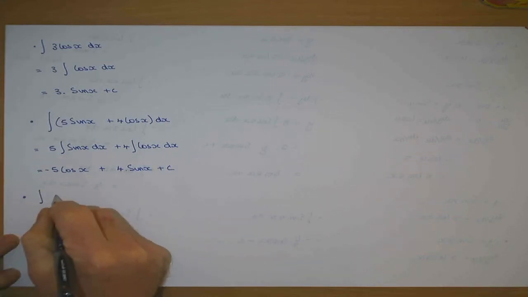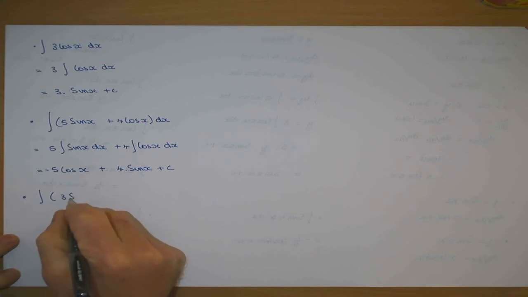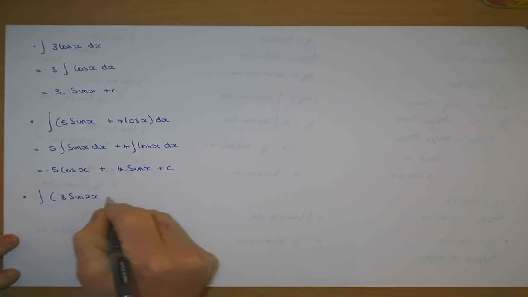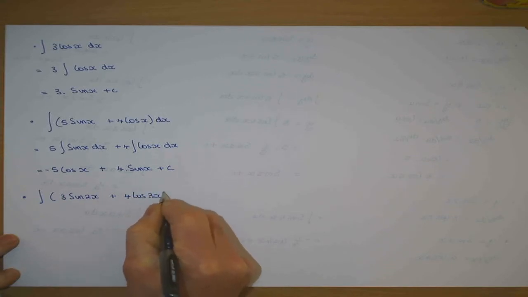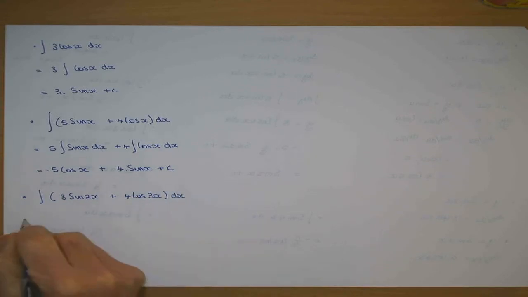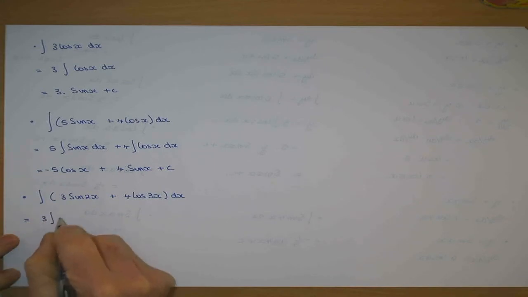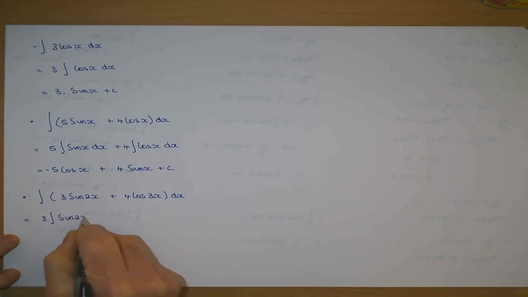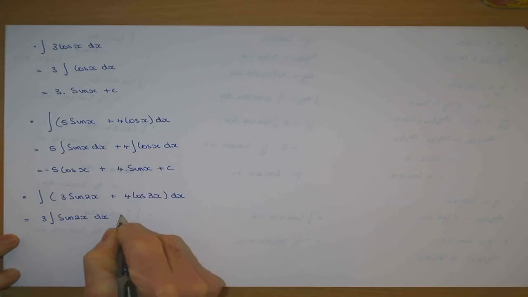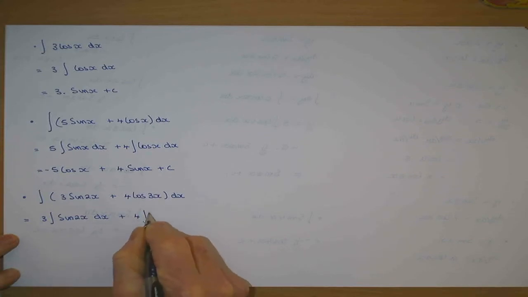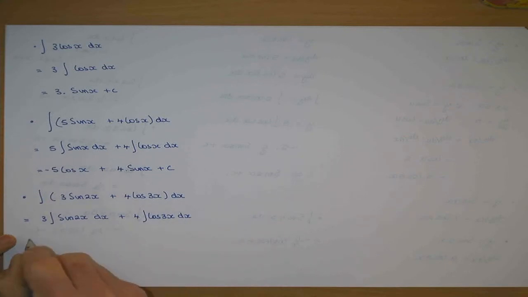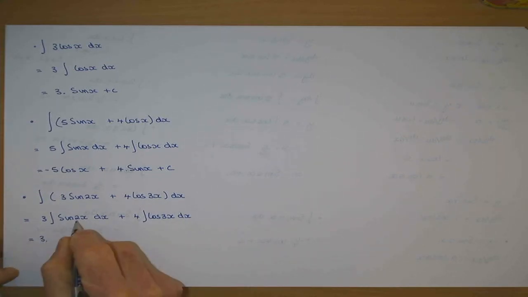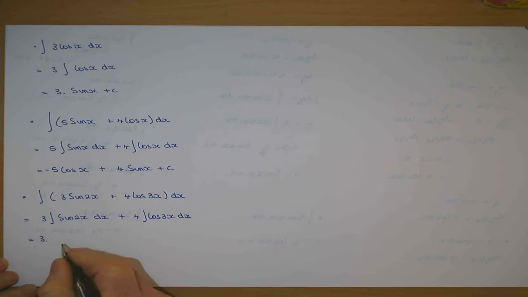But if I asked you to integrate 3 sine 2x plus 4 cos 3x dx, that's the same as 3 times the integral of sine 2x dx plus 4 times the integral of cos 3x dx, which is 3 times. Now this 2 on the x causes what?